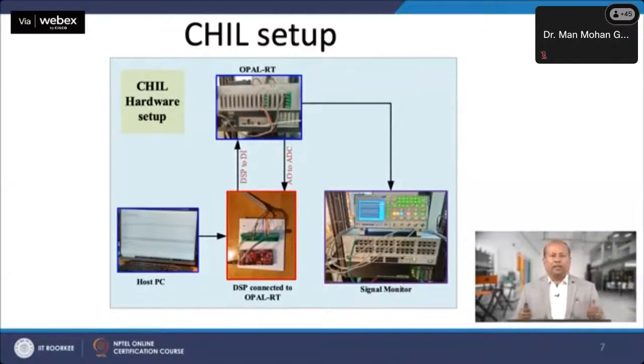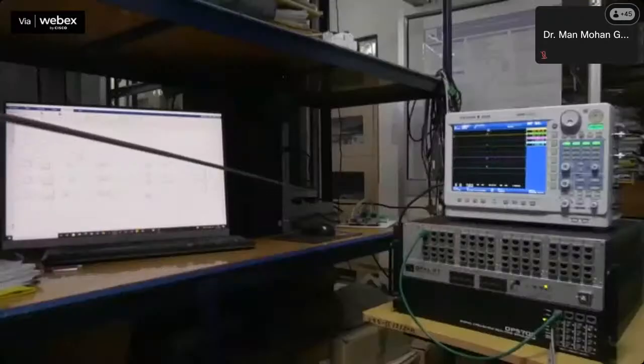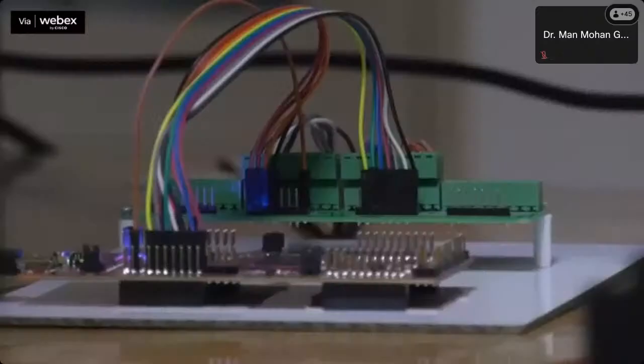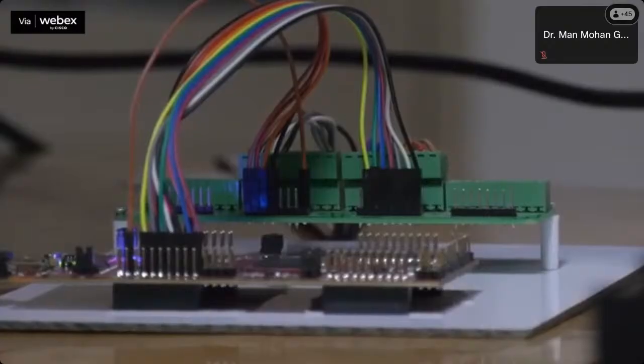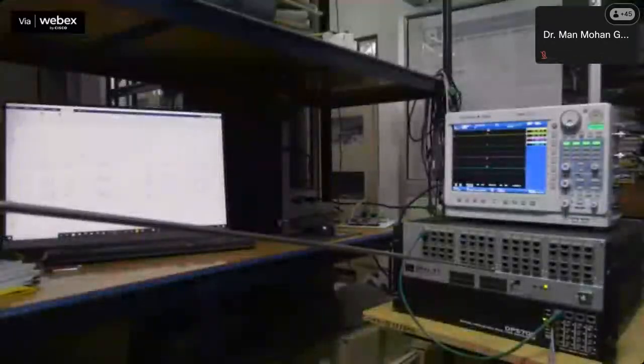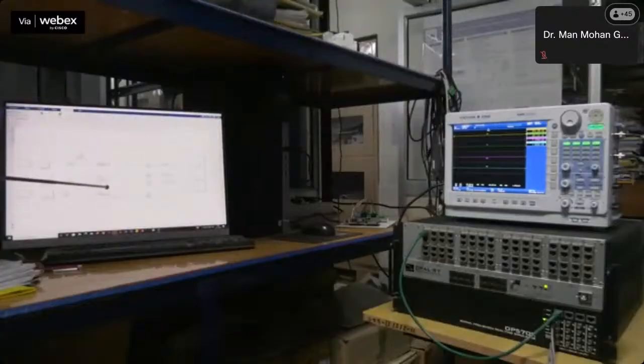Thereby, any changes in the control logic in real time should be governed and processed by the fast acting plant. The components required for this experiment are a TMS320F28379D launch pad and an OPAL-RT controller and a simple PC.